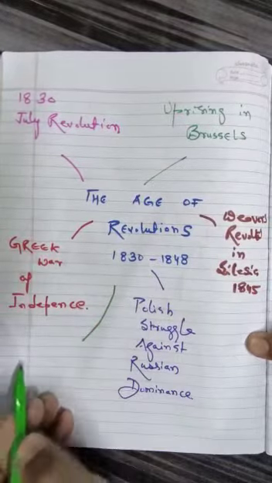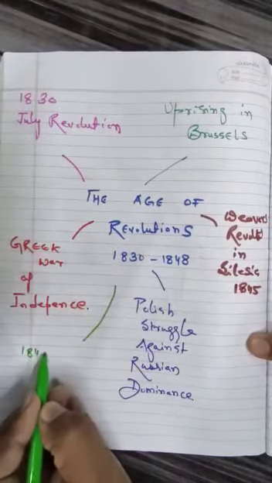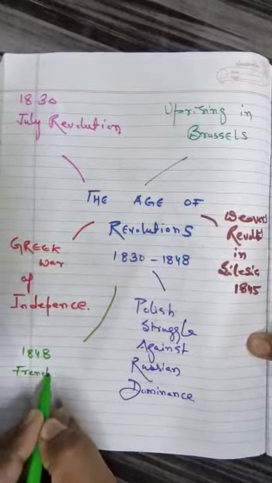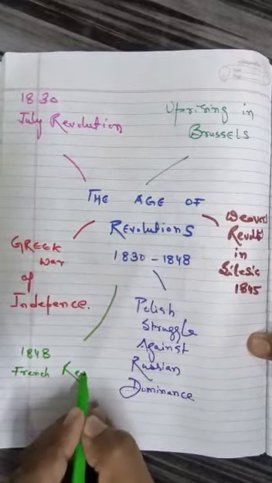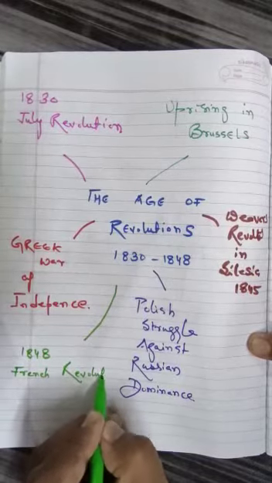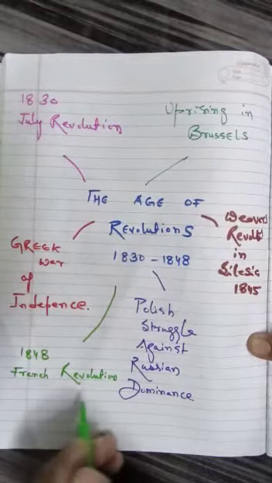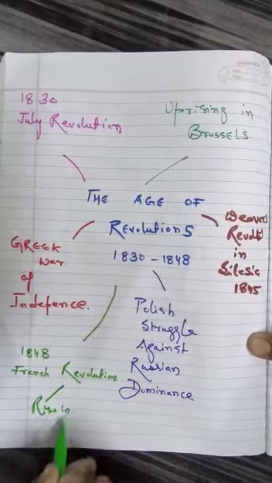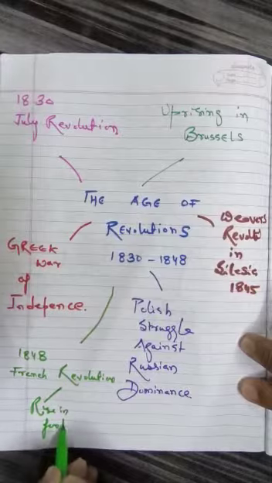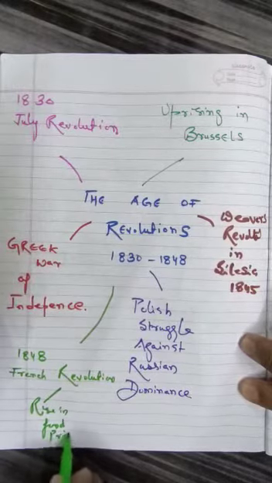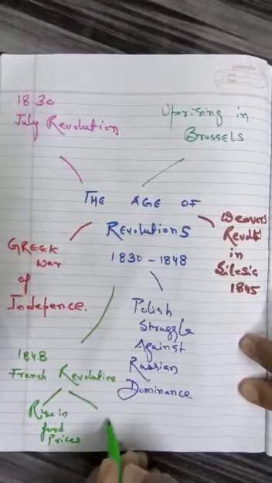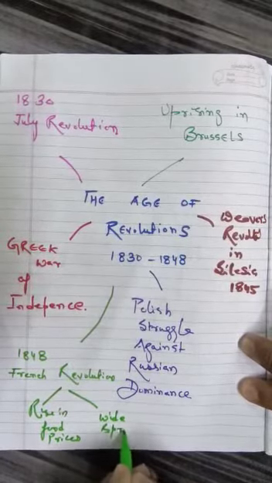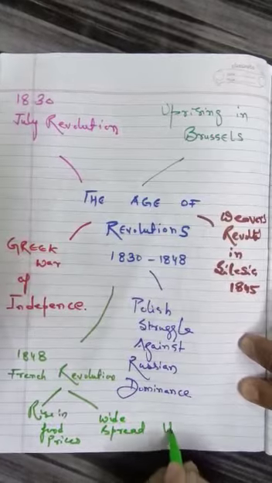And last, 1848. Again there was a revolution in France. The reason behind it was the rise in food prices and widespread unemployment.